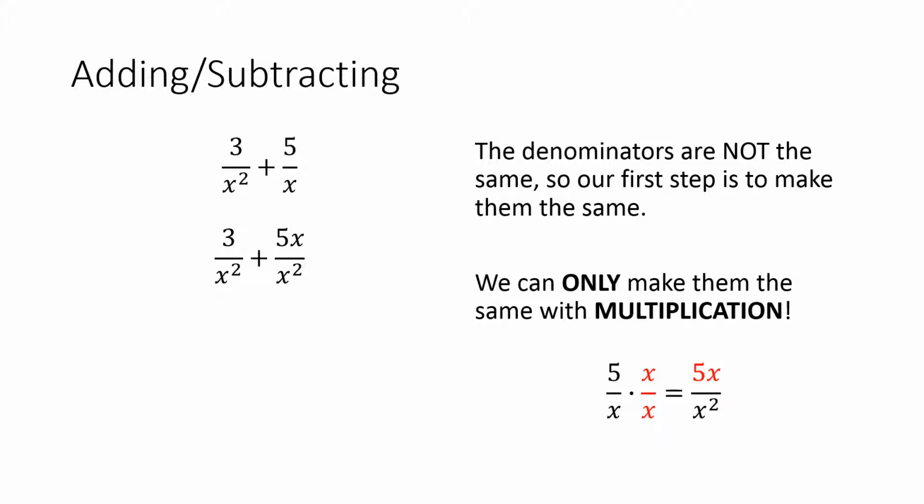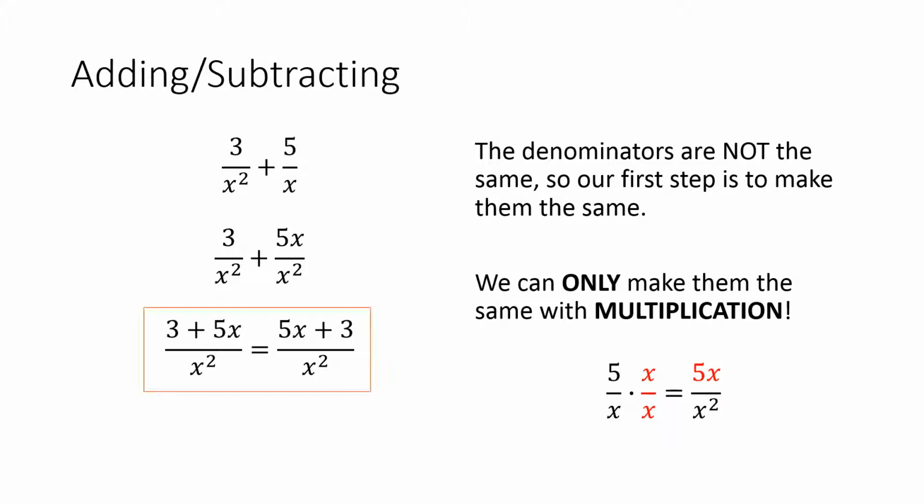We're going to combine what's on top, 3 plus 5x. But there's really no simplification we can do there. One's a number and one's got the x's. So they're going to stay separate. They stay over that x squared. And honestly, it's fine if you just leave it as 3 plus 5x. But the more standard way to do it is, again, that descending order. Put the x's first and any numbers second.